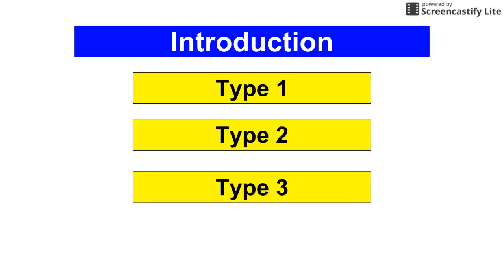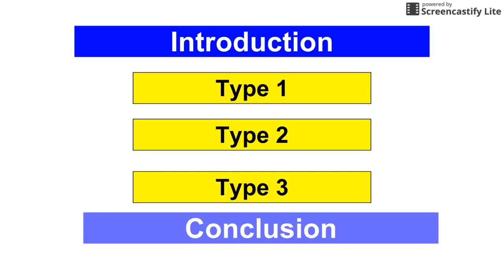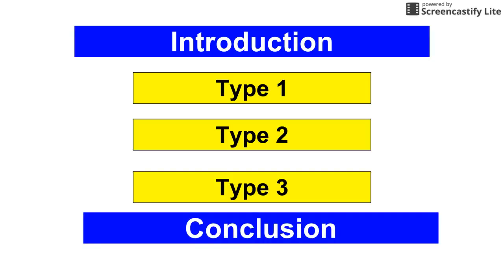For the fourth paragraph, we have type three, and then you can have a conclusion. They will make a good five paragraphs, which is a normal classification essay. Of course, you can add more categories according to the topic you are writing about.